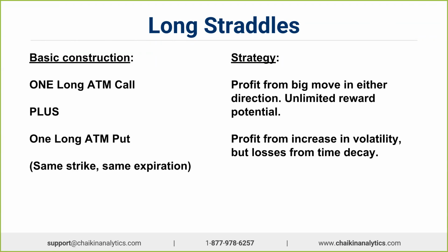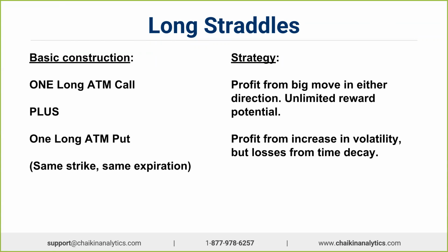You're basically sitting and looking for a move on either side of a single strike. So it's like you're straddling that strike both directions. That's how it gets its name. And this is for a big direction in either way. The ratio spreads that we talked about for big moves are pick a side, pick a direction.